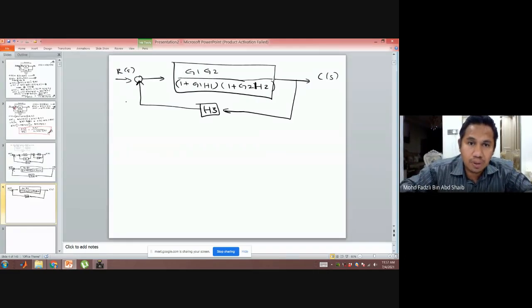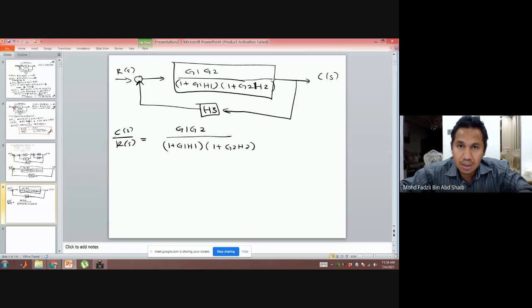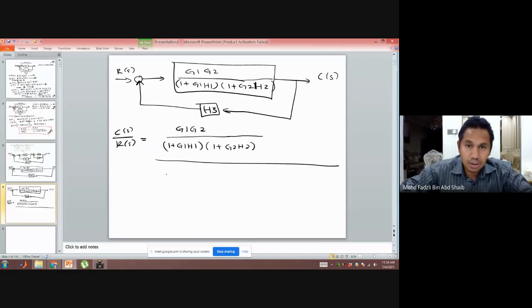So now output over input, CS over RS, equals G1 G2 over 1 plus G1 H1 times 1 plus G2 H2, over 1 plus, okay, this one we copy, the same. We consider another G, the big G.